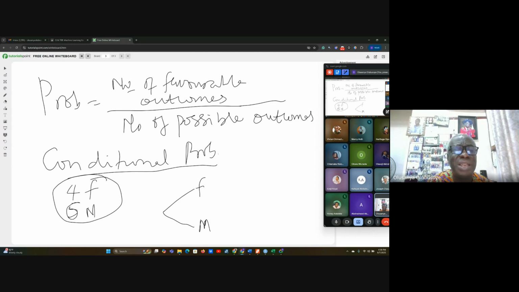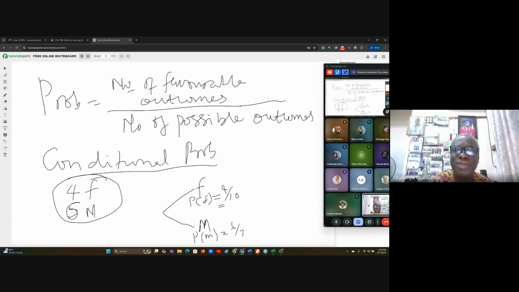Like we computed the other time, the probability of female will be equal to 4 over 10, and the probability of male will be equal to 6 over 10.